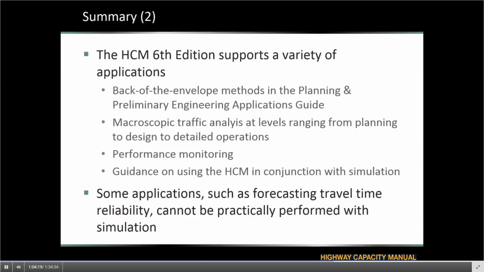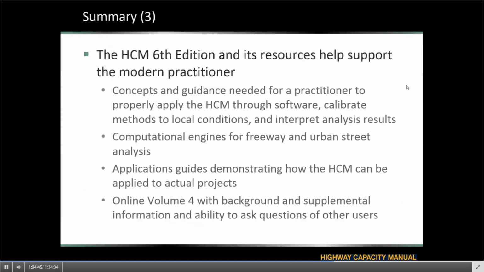The effort to do that in a fashion that repeats it 250 times in a simulation environment is really not practically feasible. And so as we're moving towards a national framework where we're looking at mobility performance differently, where we're looking at reliability measures, the HCM really becomes the key predictive tool to quantify these performance measures, with software already available today that agencies can apply. And finally, the HCM remains the key support for the modern practitioner.